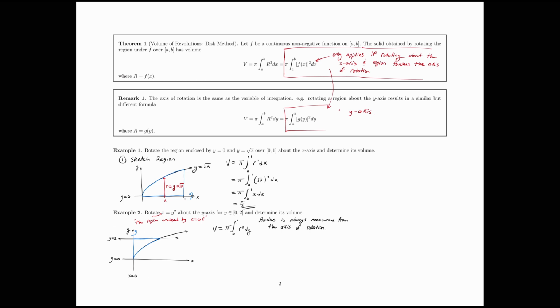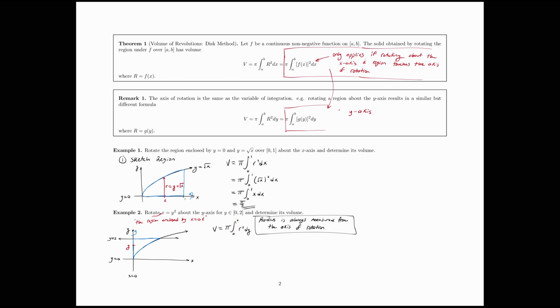So because of that, I'll start at my axis of rotation, which is going to be some arbitrary y value, something between 0 and 2. Because that's really what this integral is going to do, is it's going to feed into this expression values of y starting at 0 and continuously increasing to 2.